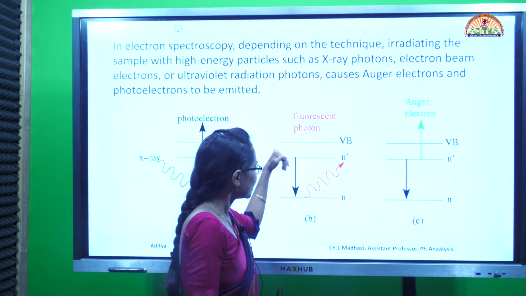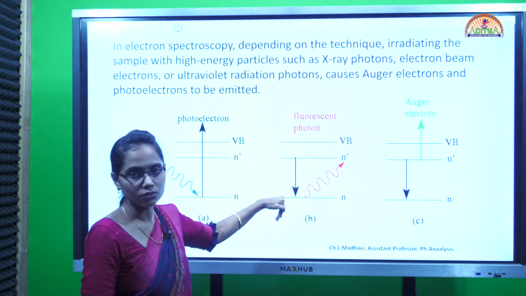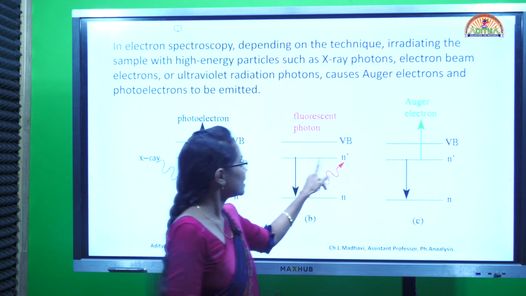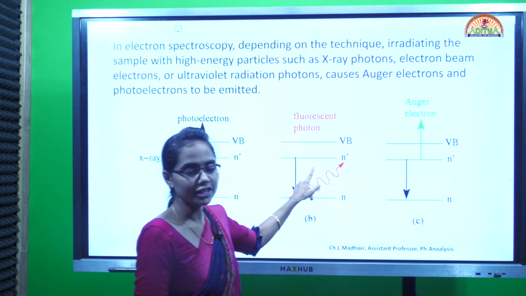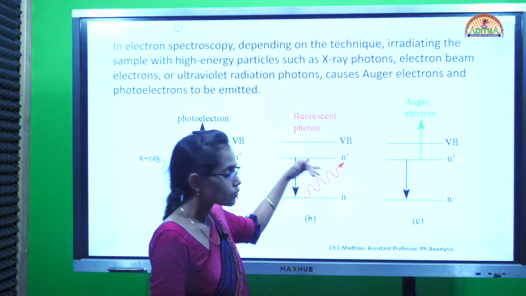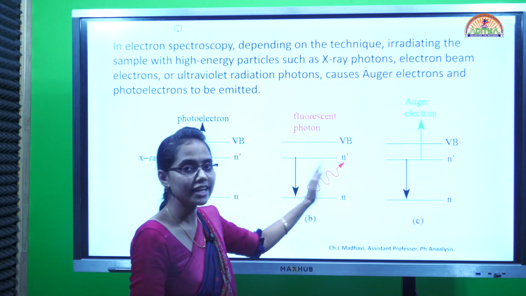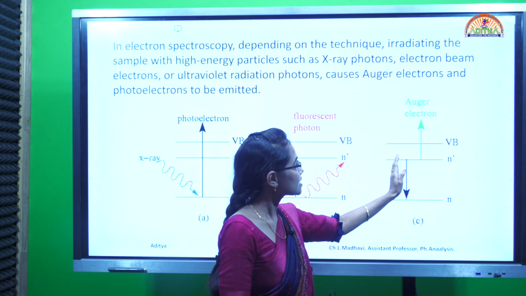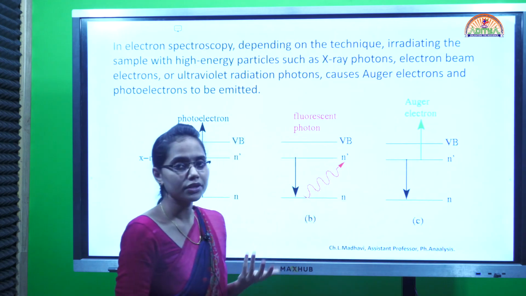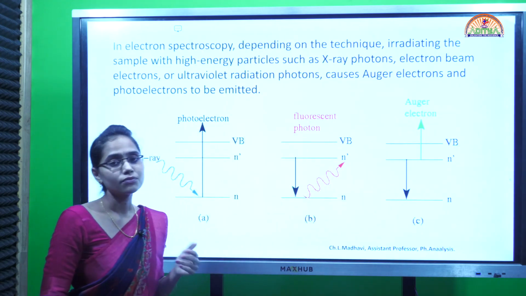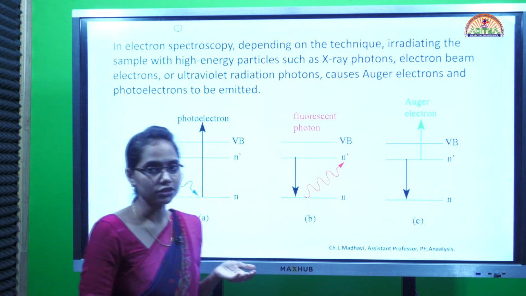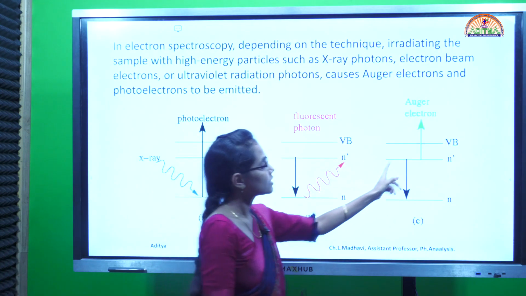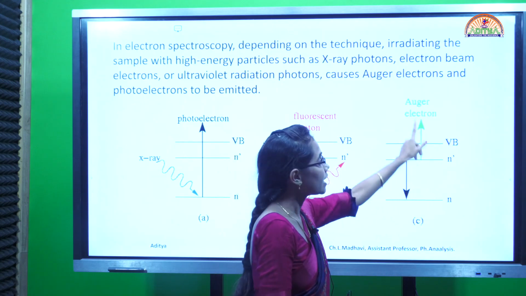When an electron descends, resulting in the formation of a fluorescent photon, the next adjacent electron from the higher energy level gets ejected out. This ejection is called the Auger phenomenon, and it results in the liberation of an Auger electron. As the photoelectron is liberated, the adjacent electron is ejected out.